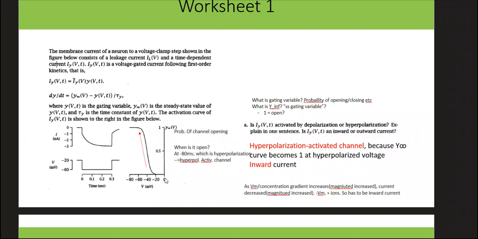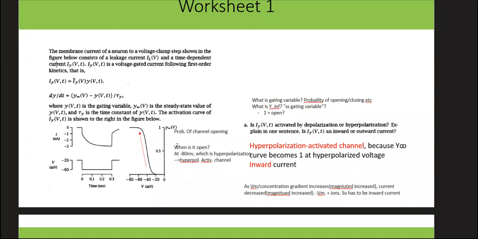Okay, so the question is asking whether this specific neuron is activated by depolarization or hyperpolarization.